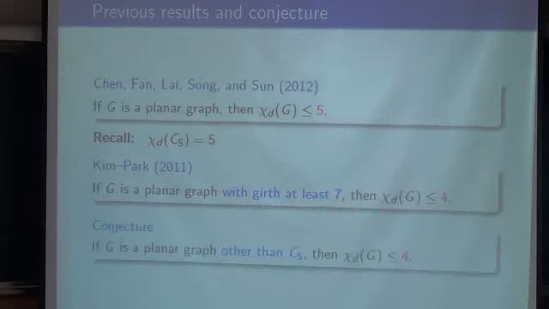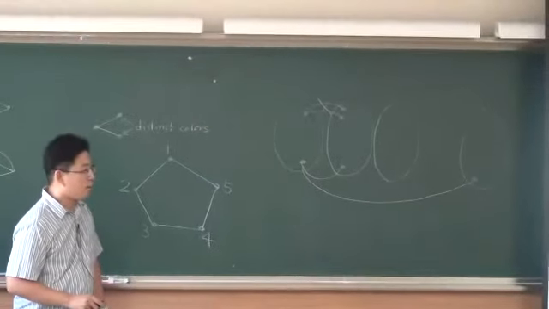And next, among the people who studied the dynamic chromatic number, the conjecture was the following. If G is a planar graph other than C5, then the dynamic chromatic number is at most 4, which means that C5 is the only exception, and except for C5, the upper bound of the dynamic chromatic number is 4.